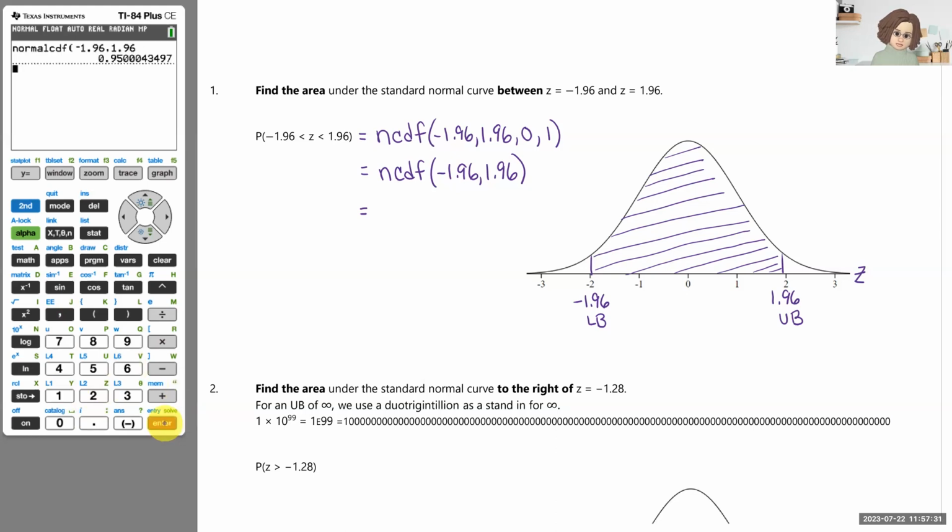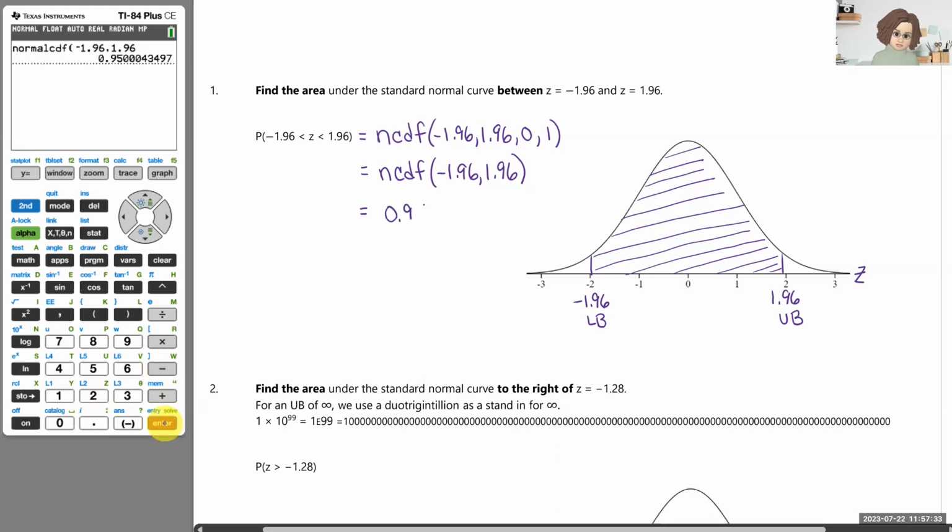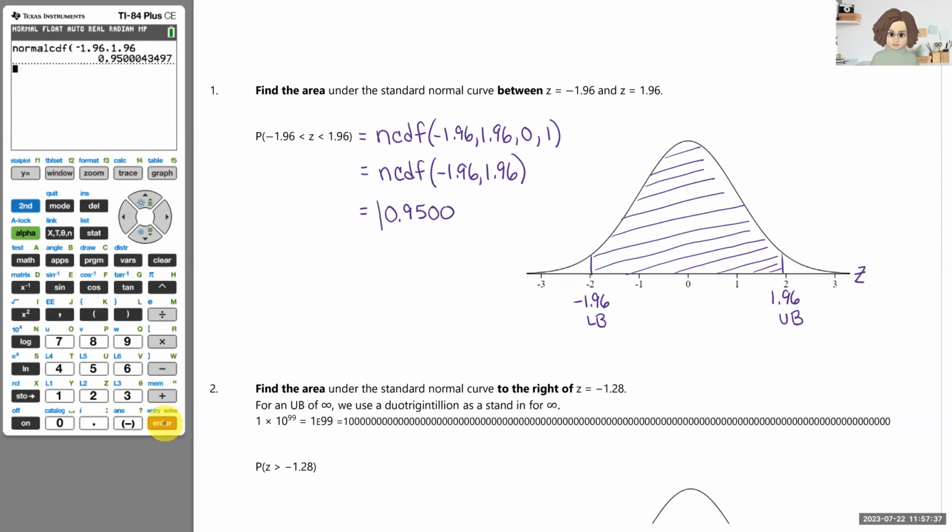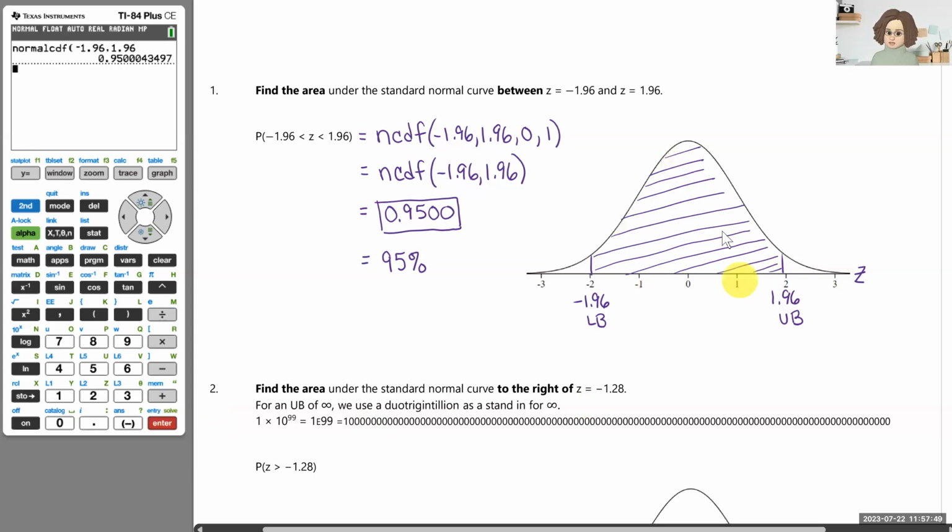And I'll be rounding my areas or probabilities to 4 places. So that will be 0.9500. And I'm also going to write that as a percent, 95%. So on this picture, I've shaded the middle 95% of that graph.